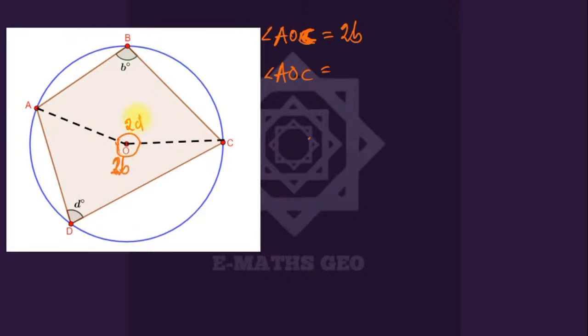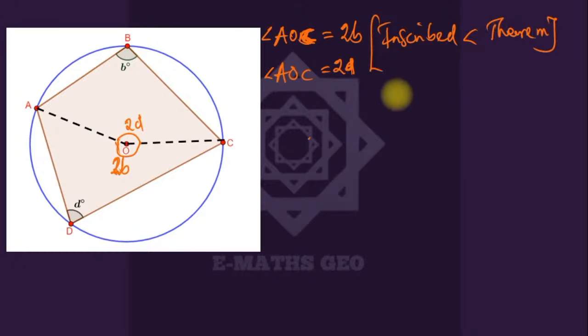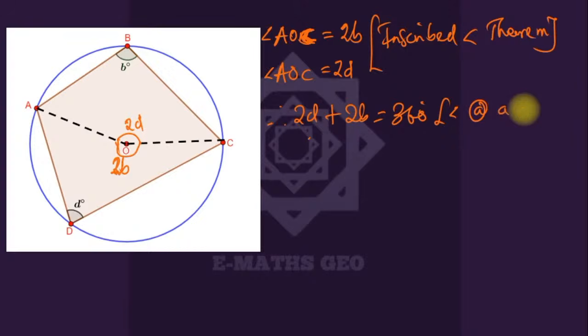So this is also 2D by inscribed angle theorem. So we now have angle at a point. Therefore, if you sum 2D and 2B, it must give us 360, angle at a point.